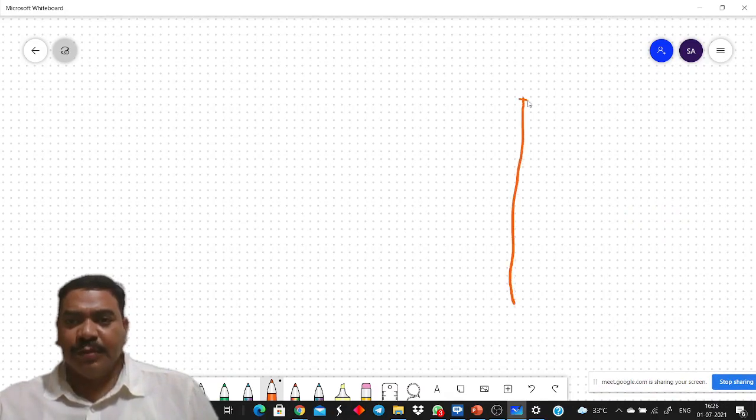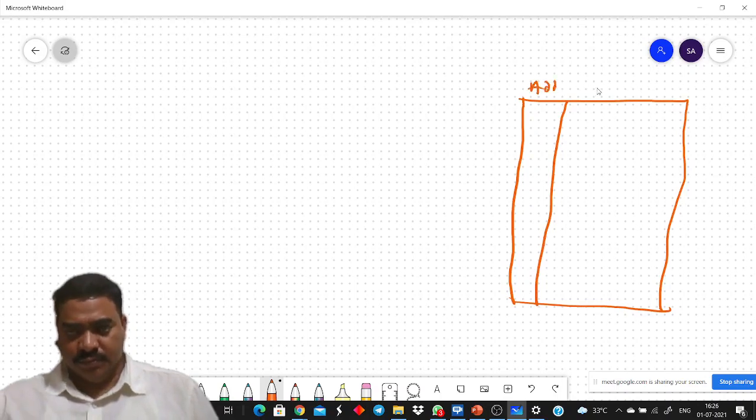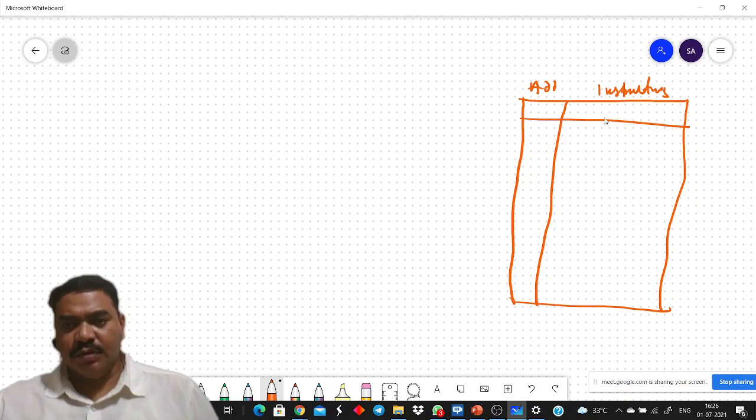This is the program memory. This is the address and these are the instructions. In RAM the addressing starts from the 0th location.